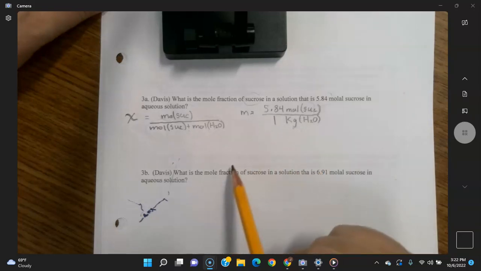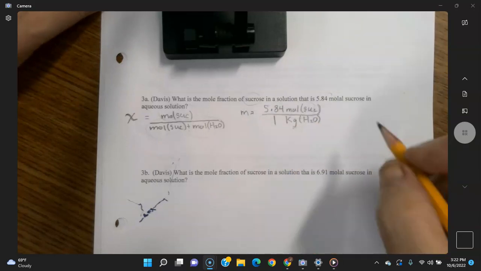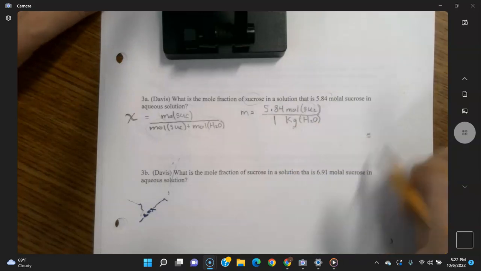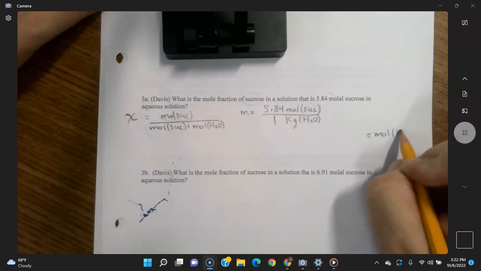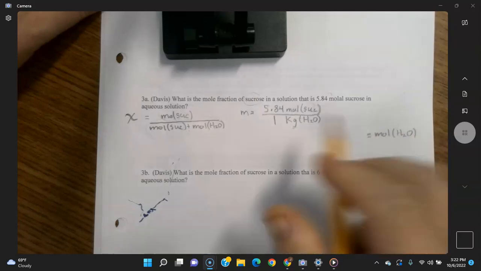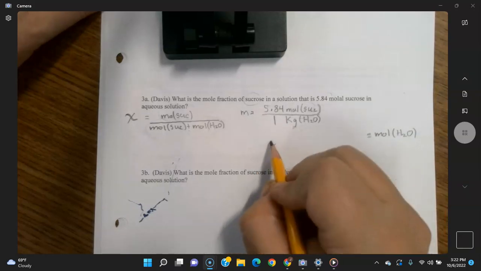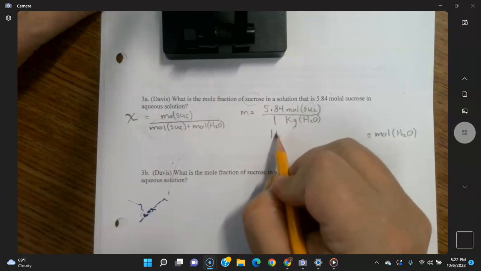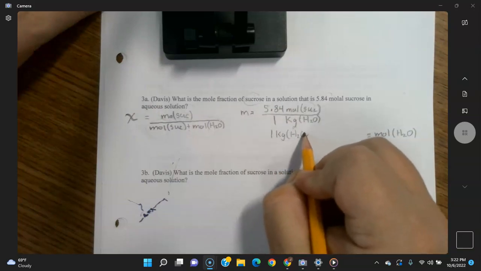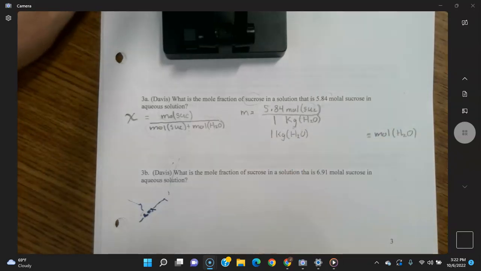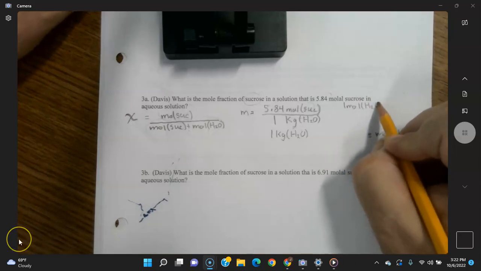So we're going to do a separate equation down here. What we want to know is moles of H2O. That's what we're trying to find out. And what we're starting with is the denominator here, 1 kilogram of H2O. We know the molar mass for water is this.